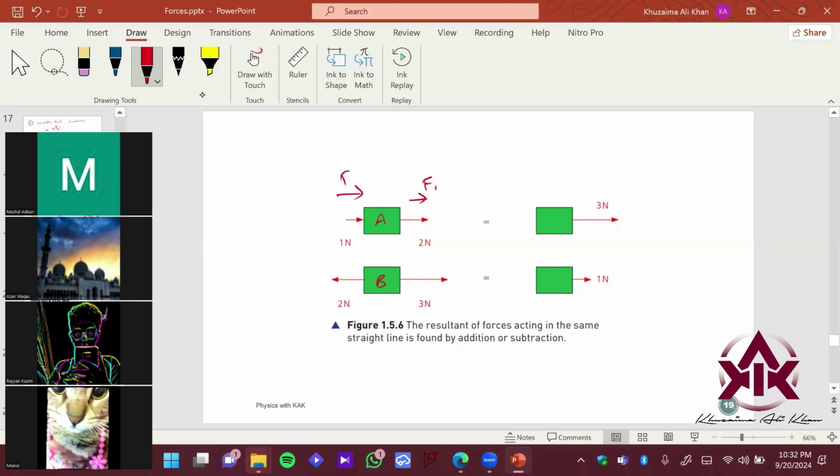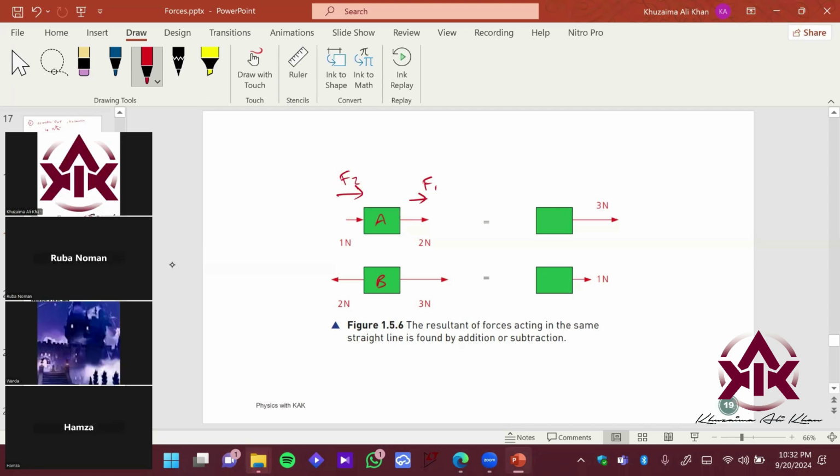Imagine, if you recall from your basic mathematics classes, this was positive X, this is positive Y, this is negative X, this is negative Y. We're going to only concentrate on the X axis right now, so we can remove the Y axis.